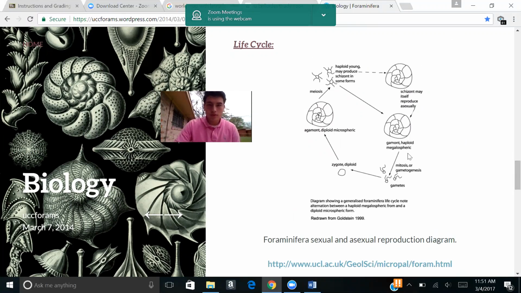Here is the diagram, and during the asexual reproduction, when it's in the asexual reproduction generation, it is known as the gamete generation, and the sexual generation is known as the agamete generation. These processes are both similar. The only difference is going to be the outcomes.